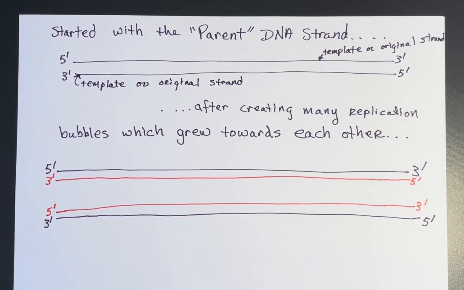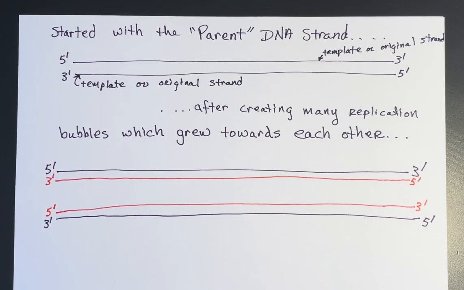All right, so after creating many replication bubbles, which grow towards each other due to the helicase breaking the hydrogen bonds, the DNA polymerase 3 adding bases to the original strand, creating the new strand, and finally ligase gluing the sugar phosphate backbone together, we get 2 new strands of DNA.